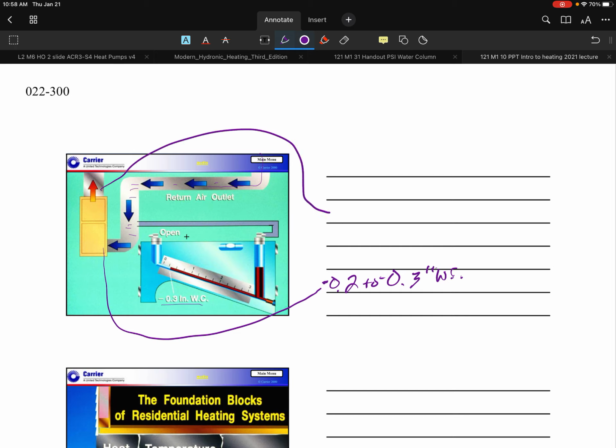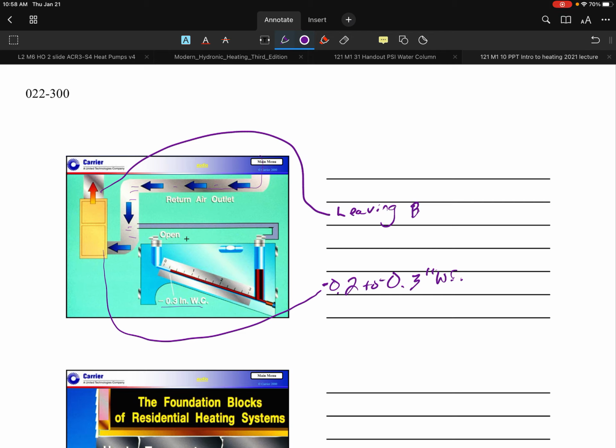Leaving our furnaces, before the cooling coil, I would say we would expect to see somewhere in the positive 0.3 to 0.4 range, which would be normal inches of water column.